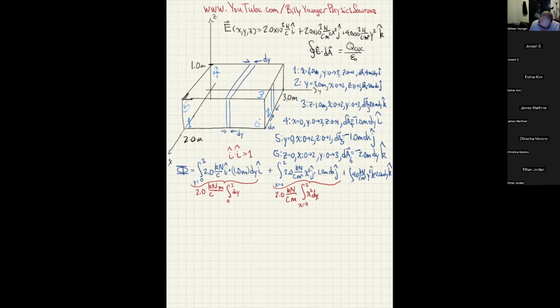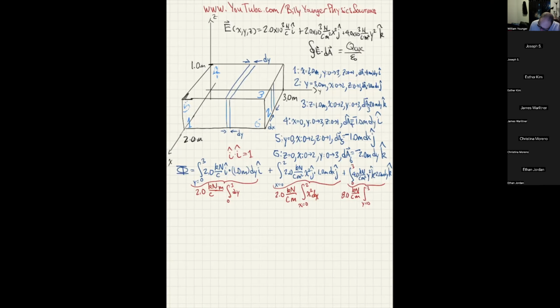And remember the j hat dot j hat was 0, so that gave all that. And then this guy over here is going to be 4 times 2, so that'll be 8.0. It was 2 meters, so it's going to get rid of one of the meters in the bottom, so it's kilonewtons per coulomb meter. But I have a y squared dy, so I'm going to integrate from y equals 0 to, oh, I didn't write that before, but y equals 0 to 3.